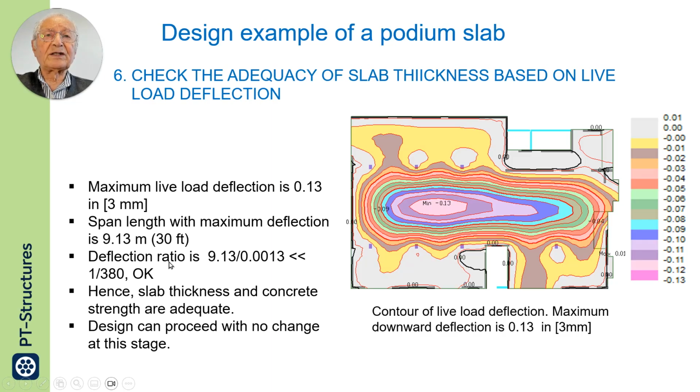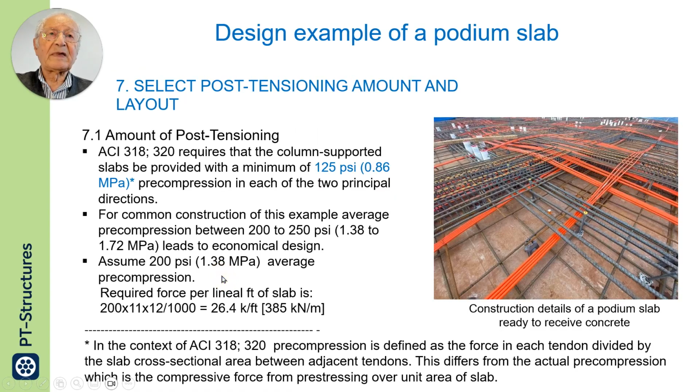So deflection over the span is well less than 1/380. So it is acceptable, far less than this value. Hence, slab thickness and concrete strength are acceptable. Design can proceed now for other aspects of it.